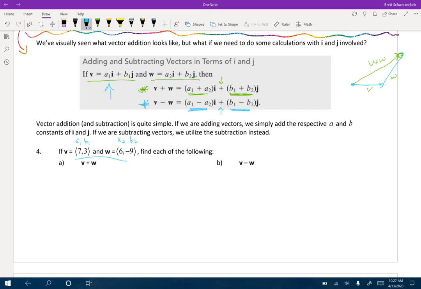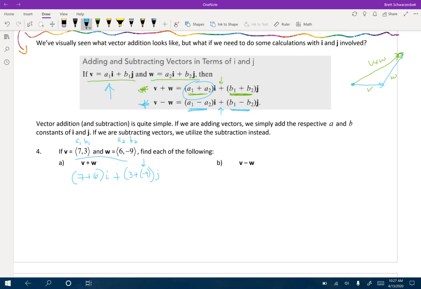We essentially look at v plus w and we say, okay, in order to do that, we need to add the a components, which are 7 and 6, with an i, and we need to add the b components, which is 3 and negative 9. Just be careful with the negatives. That's why I put double parentheses with negatives, because I don't want that to be a mathematical error.